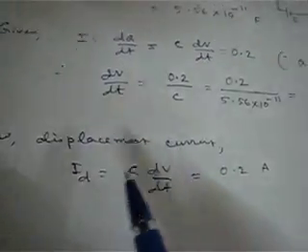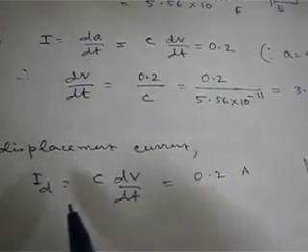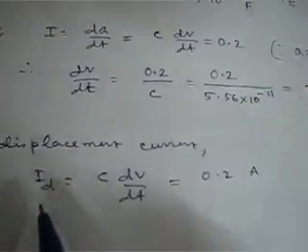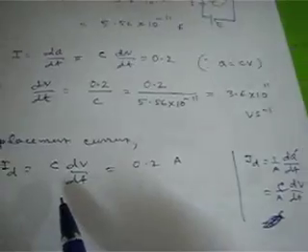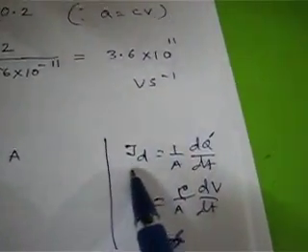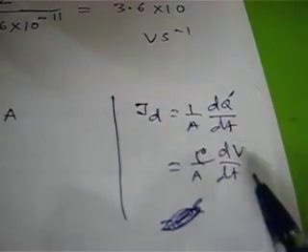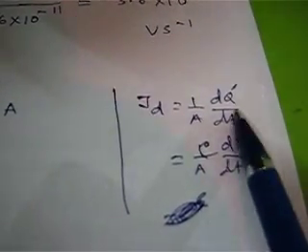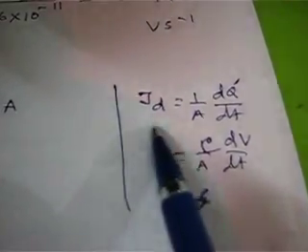So the displacement current is found to be I_D equals C dV/dt. That is the formula of displacement current. Actually, this is the displacement current density, 1 by A dq prime by dt, where Q prime equals C into V. So C by A, this is the displacement current density.